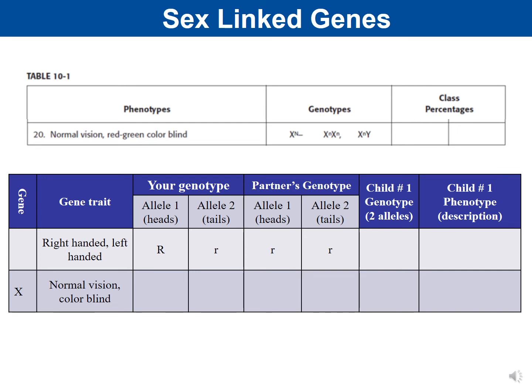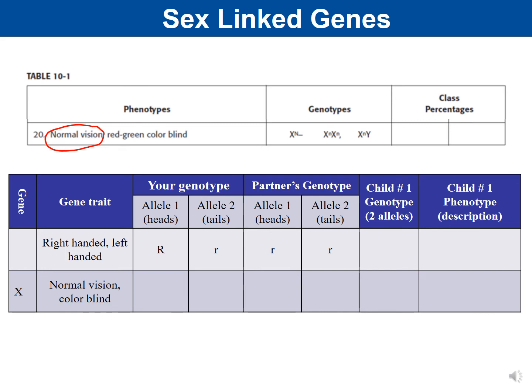But if you could see the 8 in the first example, you have normal vision. I have normal vision, so I would circle this one. If you know that you are red-green colorblind, meaning you have trouble distinguishing between red and green, then you would circle the other phenotype.